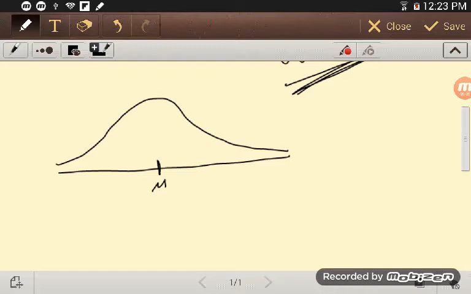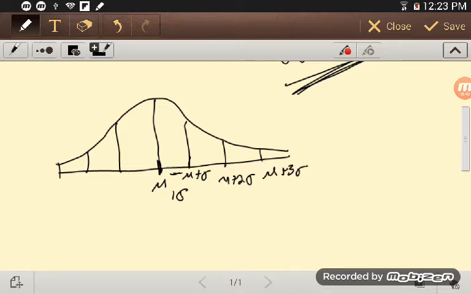Now, what do I mean by that? Well, if we talk about standard deviations, and I could do this with more pieces, but here, if we take this distance as one of these standard errors or standard deviations, and if that was mu, this is mu plus sigma, then this is mu plus 2 sigma, and mu plus 3 sigma out to here, and do the same thing on this side with minus: mu minus sigma, mu minus 2 sigma, mu minus 3 sigma.